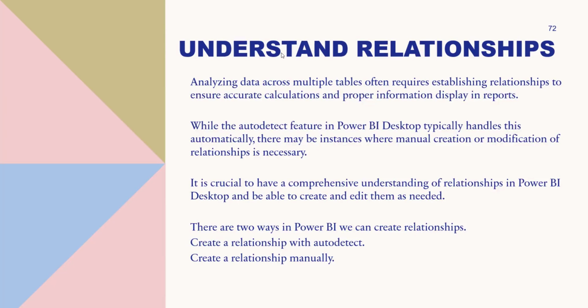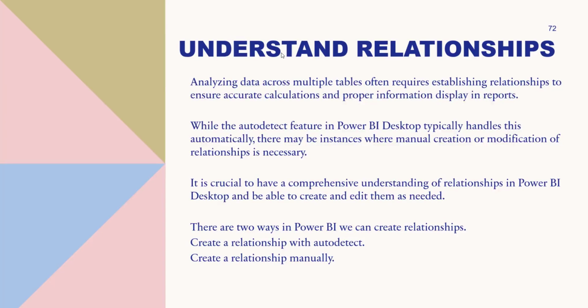While we load the data into Power BI, it auto detects the relationship between the tables by using the auto detect feature. There may be instances where manual creation or modification of a relationship is necessary.